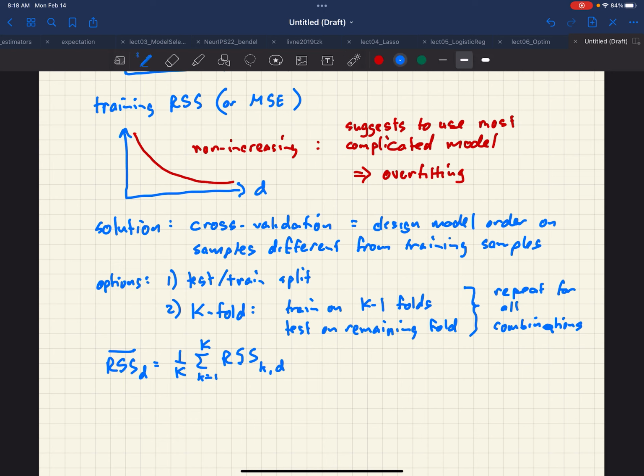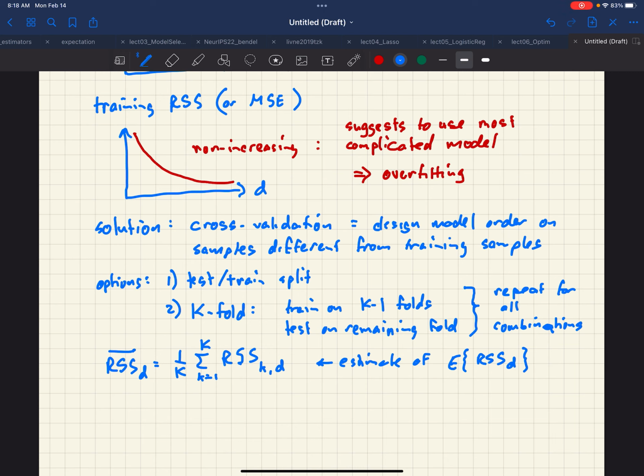And we can think about this. This is an estimate of some unknown quantity which we would like to estimate, which is the statistical average of the RSS as a function of D. But in general, we don't know any distributions, so we cannot compute this. So we have to try to estimate it.